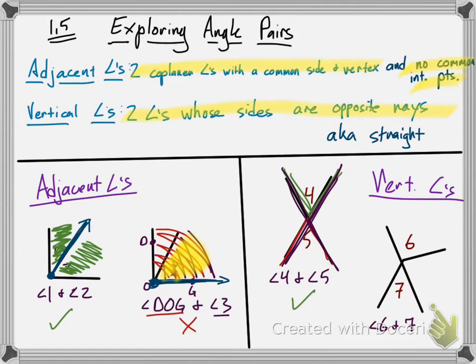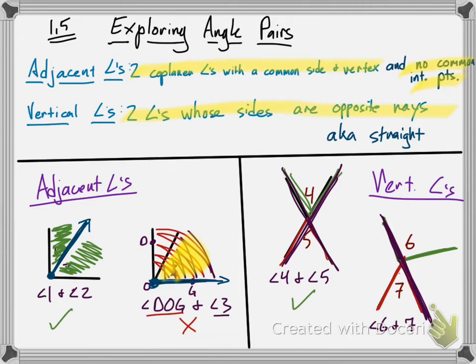Now, if we look at our next example with angle 6 and 7, angle 6, here are our sides. Angle 7, we have the two sides. Now, we do have a straight line when we compare these two sides of our angles.